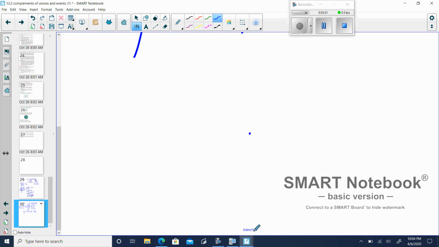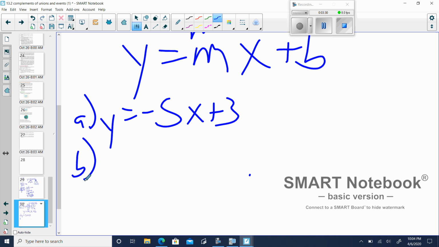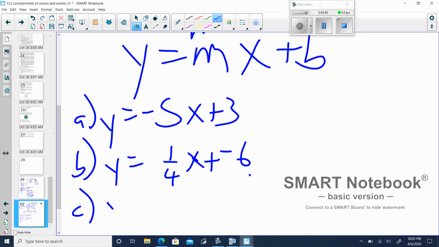All right, so we get some sample problems to work. In a, y equals -5x plus 3. For b, y equals 1/4 x, and I'm going to write -6 as plus -6. And in c, we get y equals, so negative x is really an invisible -1, plus 5.